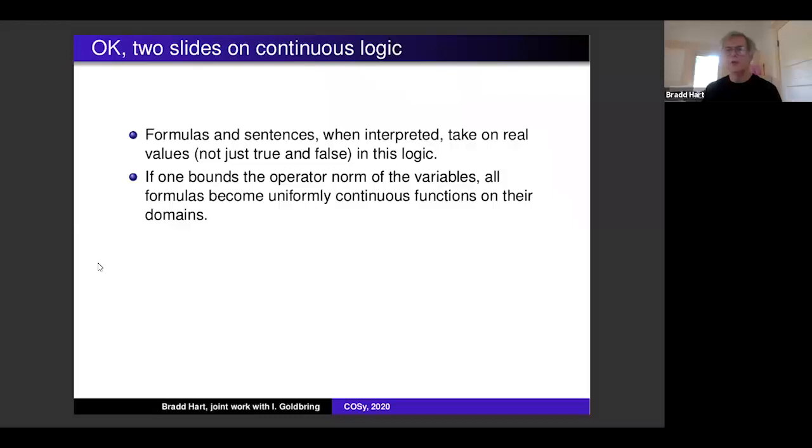So if I want to approximate the range within epsilon, I'll have a specific delta that I'm trying to approximate on the domain side. Okay, so knowing that we have uniform continuity for these formulas is going to be sort of critical in doing the kinds of estimations that I'll talk about in a minute.